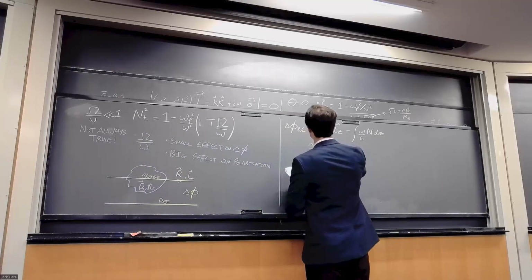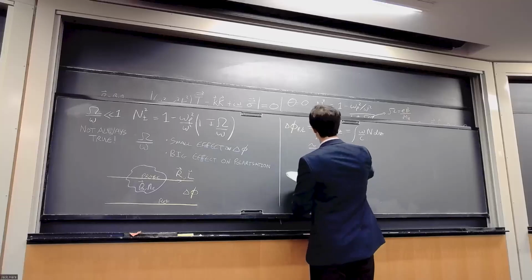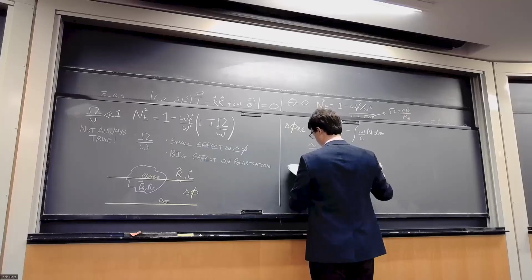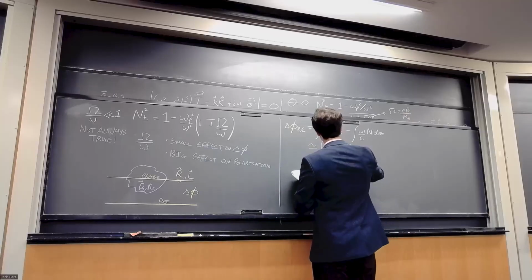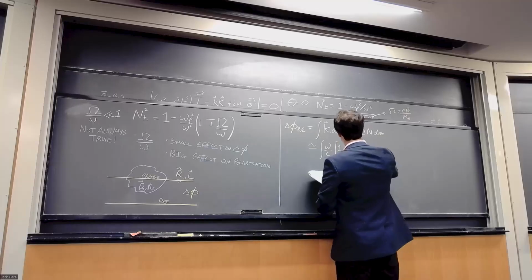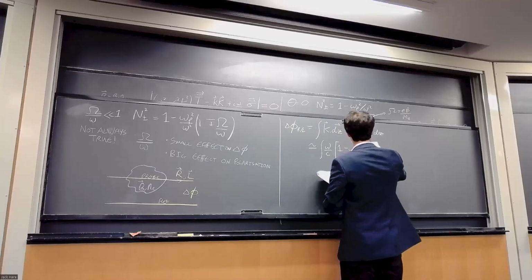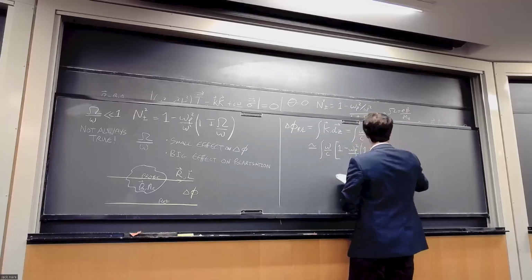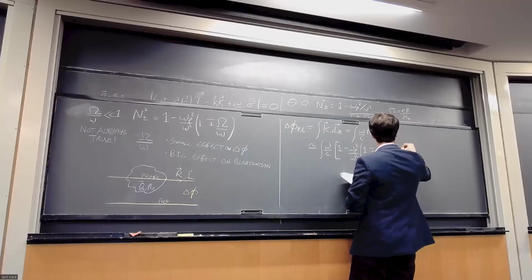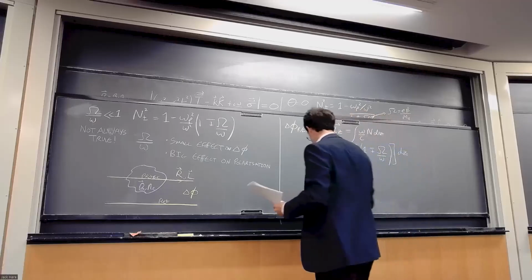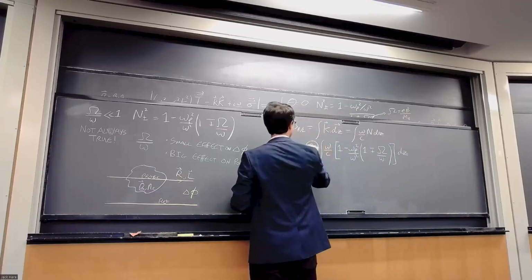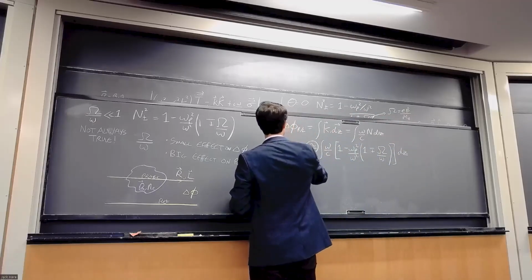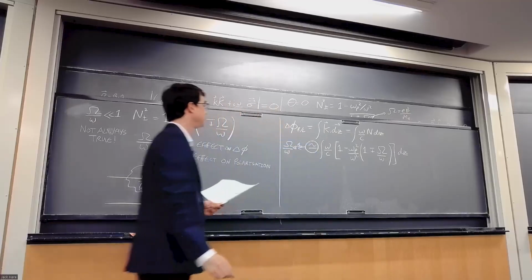And so this is going to be approximately equal to omega upon c, 1 minus omega p squared upon omega squared, 1 minus plus capital omega upon lowercase omega, z like this. And the approximate sign here is because we've made this approximation that capital omega upon lowercase omega is much less than 1.